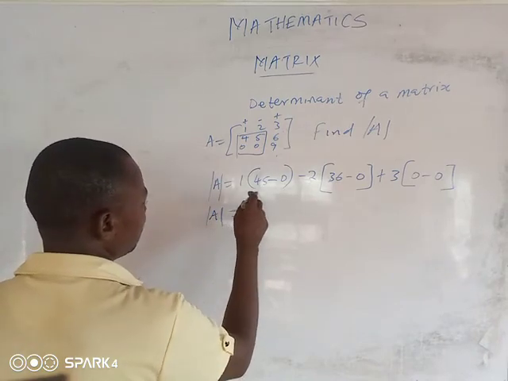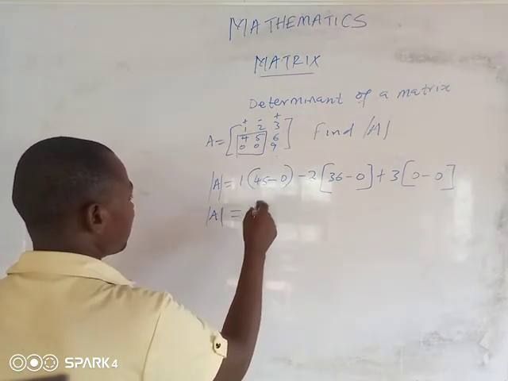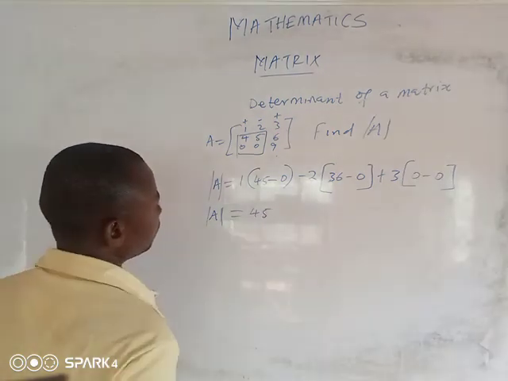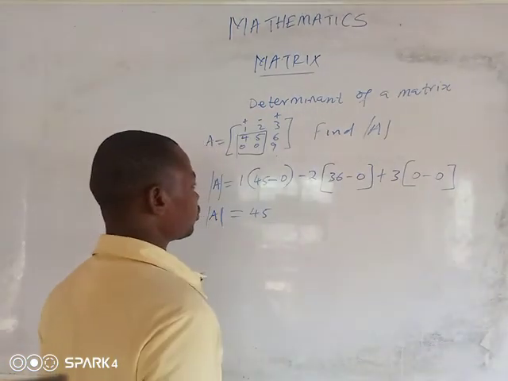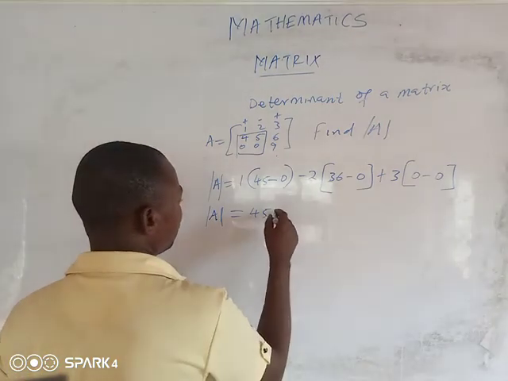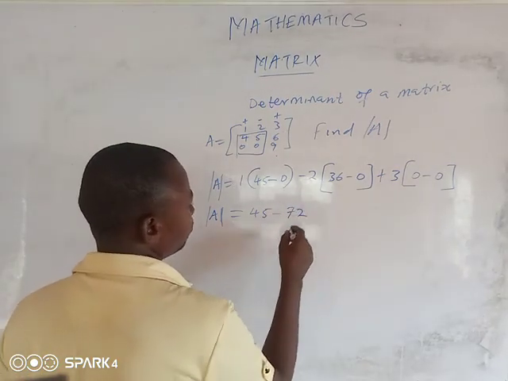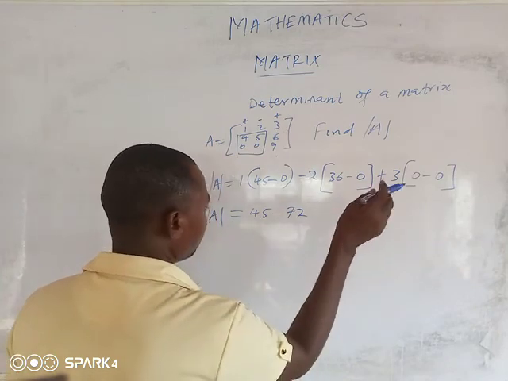So this one is 45. This one is 36 times minus 2, going to give us minus 72. And now 3 times 0 will give us 0.